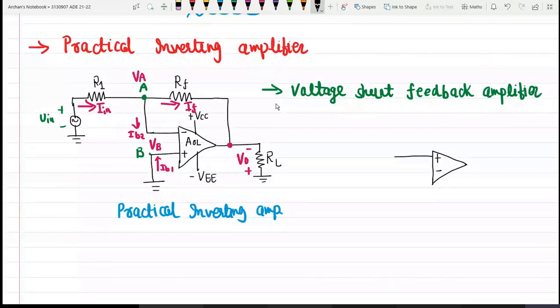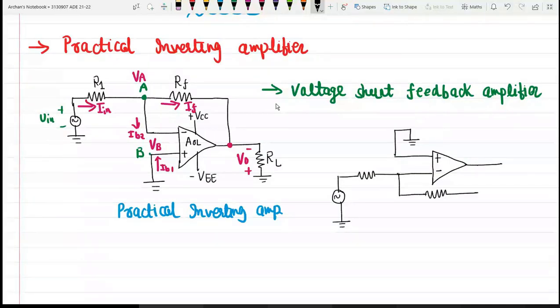At the inverting terminal we have the supply voltage over here, then there is a feedback resistor which is like this, and here we have a load resistor, which is also grounded.